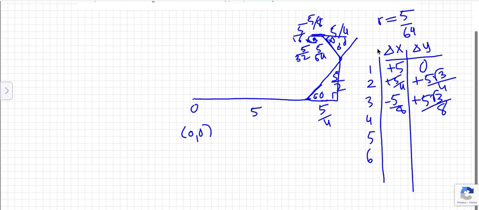Now for this length here, we're going minus 5 over 8, and our y is not changing. For this length here, our 60-degree angle is over there, which means our x is changing by half of 5/16 in the negative direction. And then our y value is also going down.